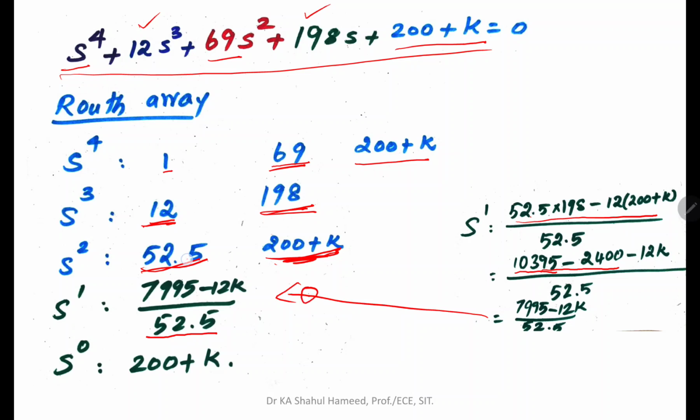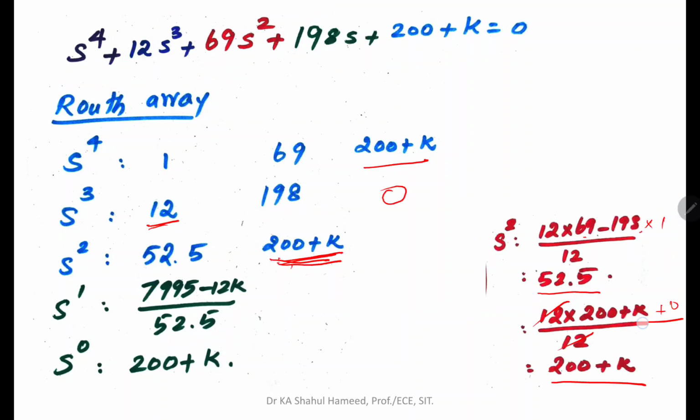When we multiply these two things and divide by this element, the zero terms vanish and the two cancel out.